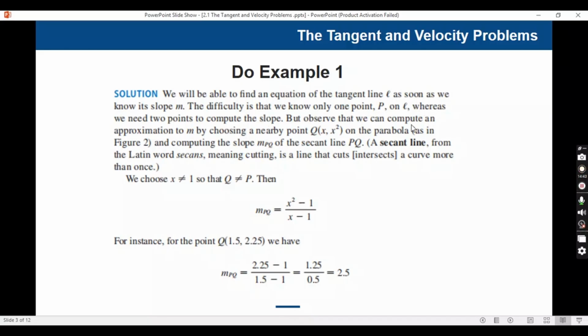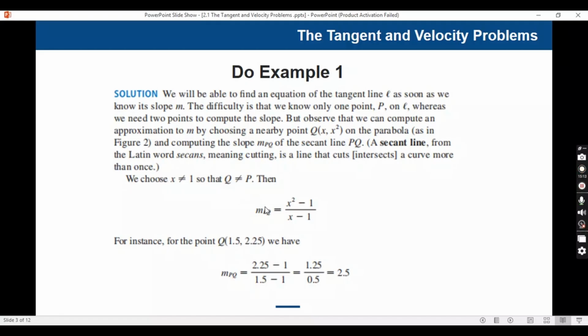But we observe that we can compute an approximate M by choosing a nearby point Q, x squared, on the parabola, as in figure 2, computing the slope MPQ of the secant line PQ. A secant line, from the Latin word secare, meaning cutting, is a line that cuts or intersects a curve more than once.